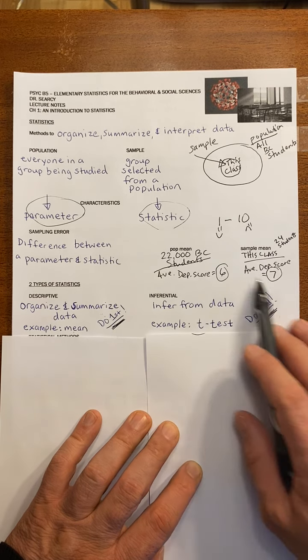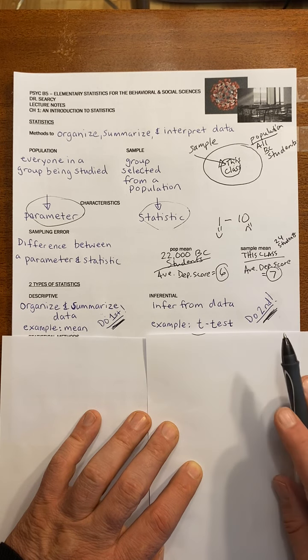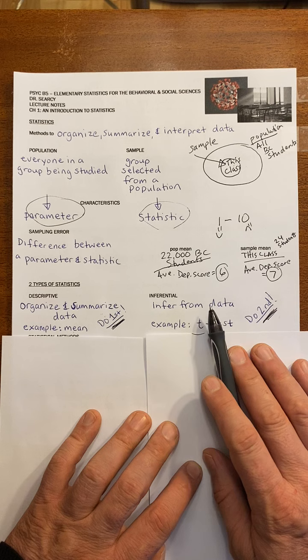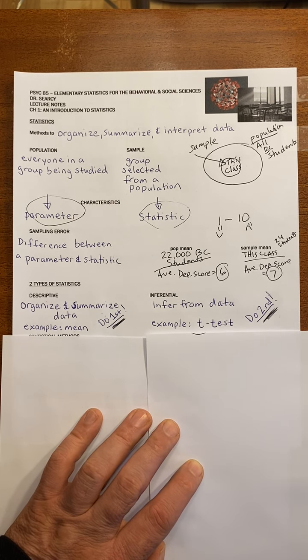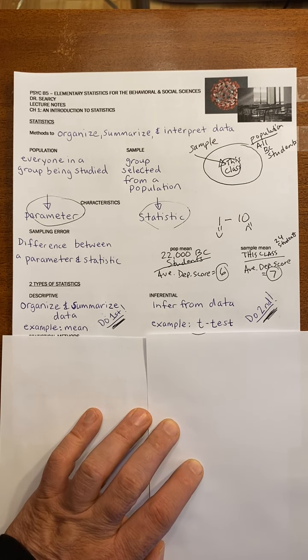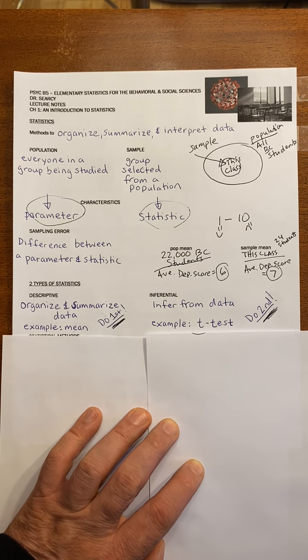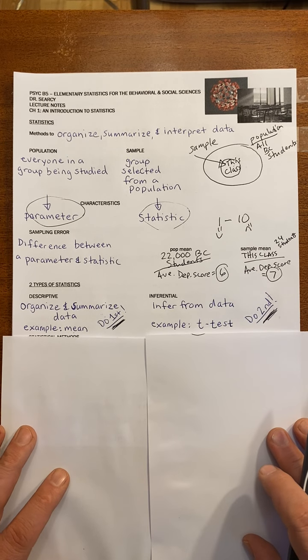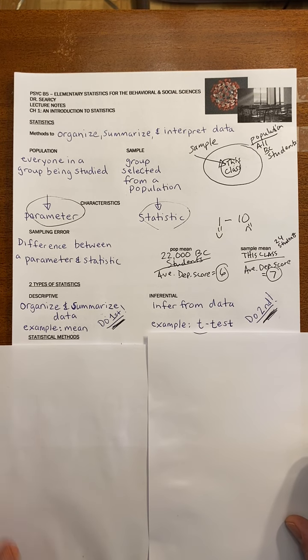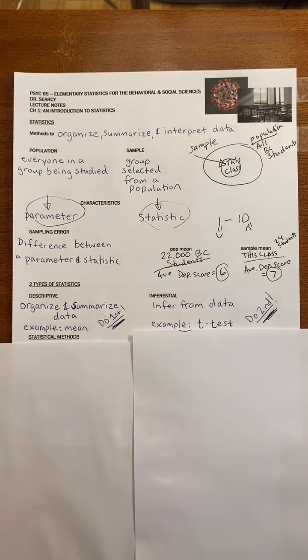And this will basically cover the middle to the end of the semester. But let's go ahead and just stick to introductory stuff today. I just want to give you a sense of what statistics are and how we use statistics in this lecture.